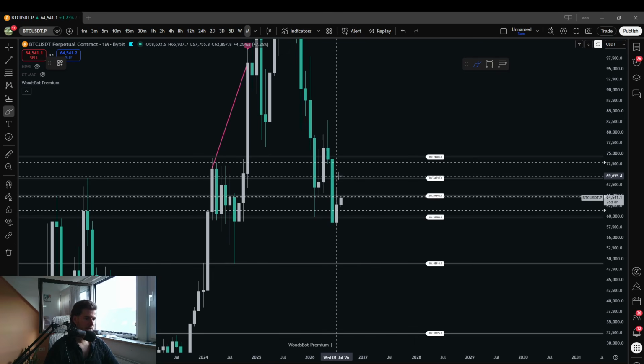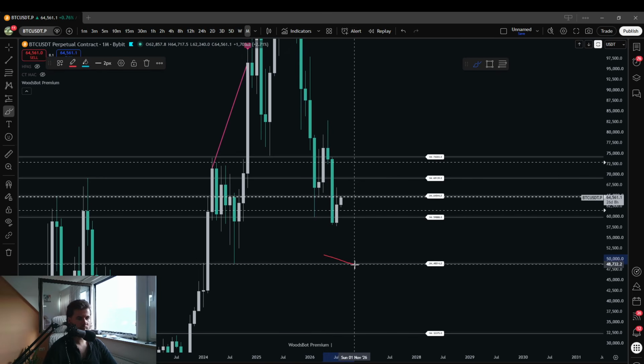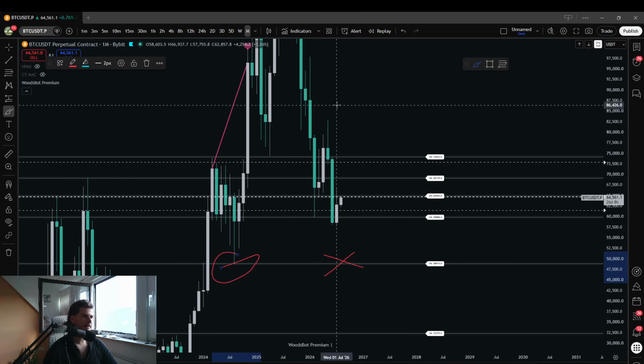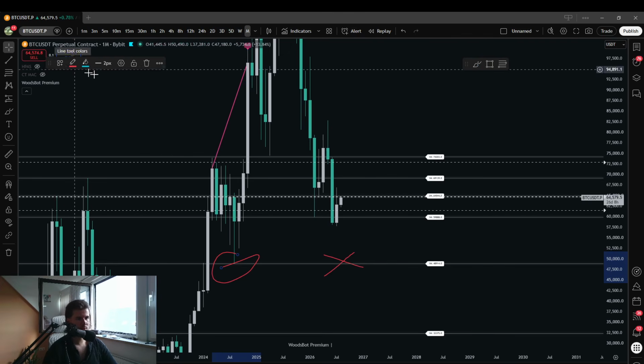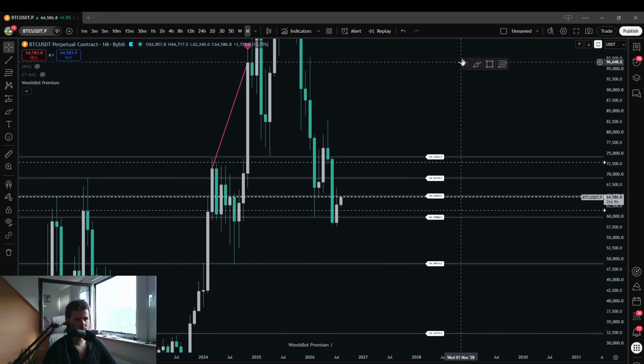And after that, I will be looking for Bitcoin to either hold the range, start forming a range, or make new lows. I'm still open to the idea that Bitcoin is going to go below 50K and sweep this low right here. This would be the ideal spot for me to add Bitcoin to my long-term positions. But I'm not counting on it.